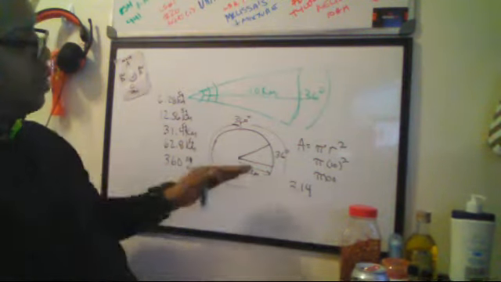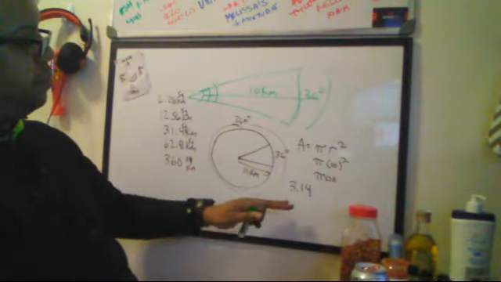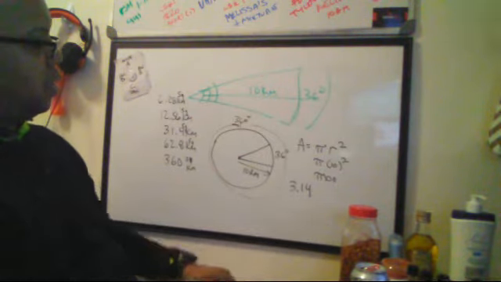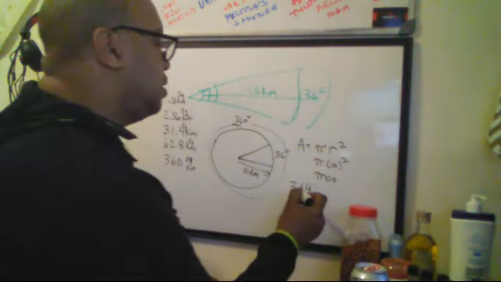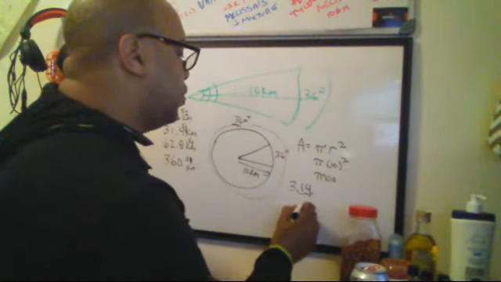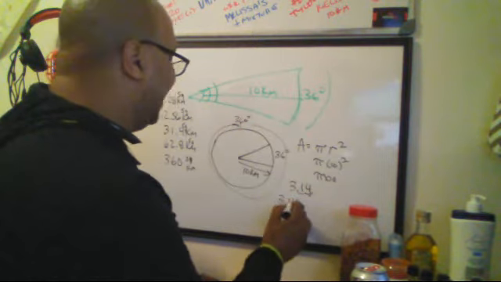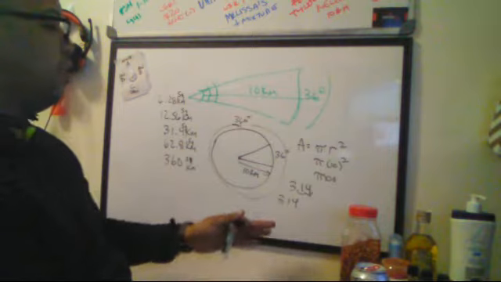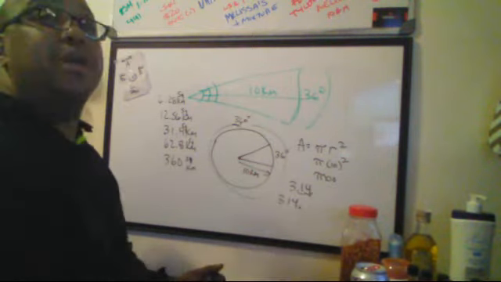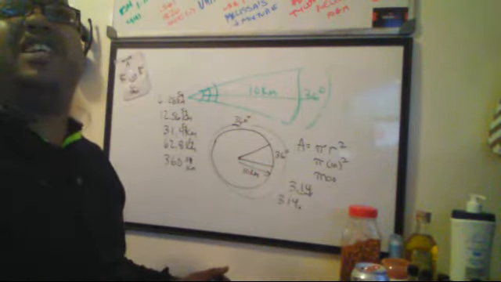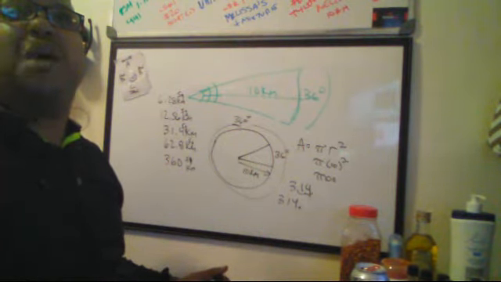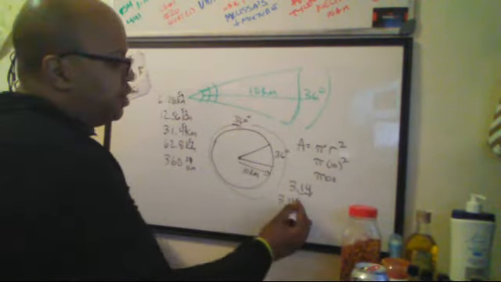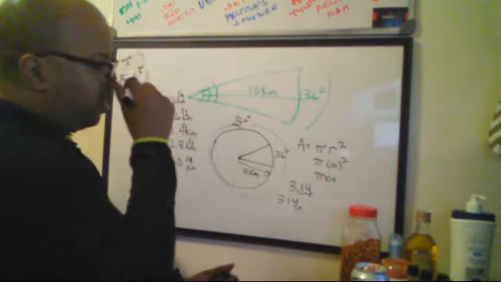All right, 3.14 times 100 is going to be, we're going to move this over, 314. And then if we want 10% of this number, 314, all we have to do is move the decimal point over once.